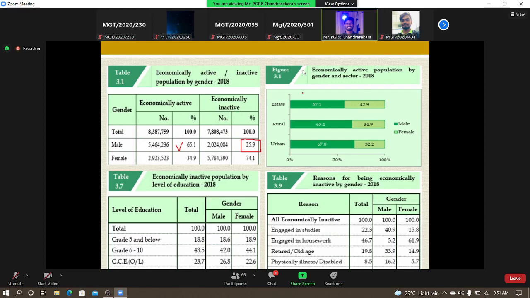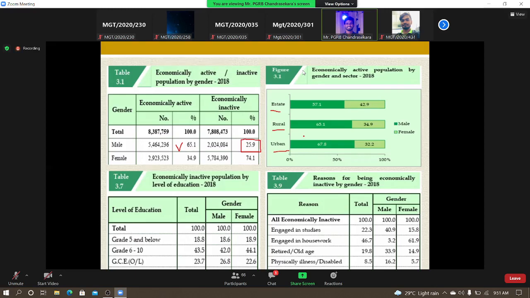And by basing on the sectors, rural, urban, state sector, these amounts of male and female are engaged. These are different types of categories for your understanding, to get the concept in a more realistic manner. In state sector, 57.1 is male, only 42.9 is female.